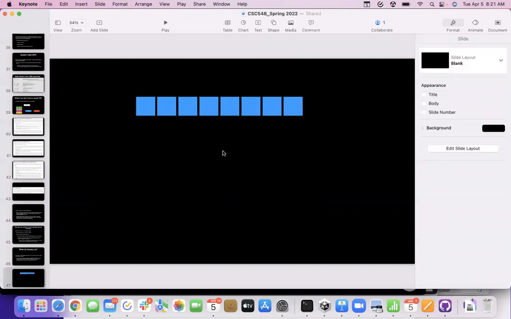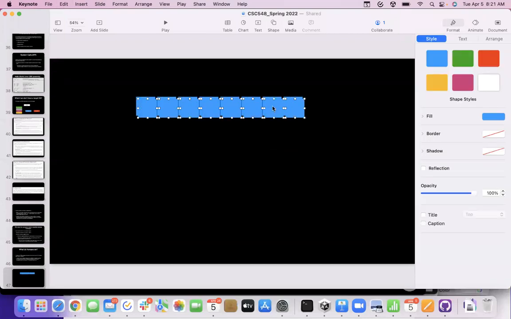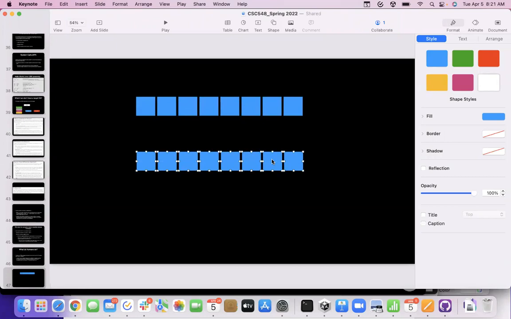So let's say I have an 8-bit register like this. All right, so in an 8-bit register, duplicate this guy, give myself a couple of 8-bit registers.